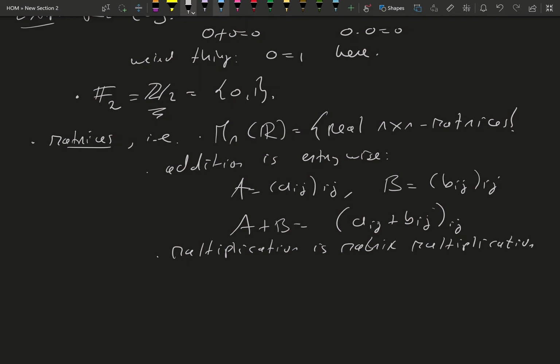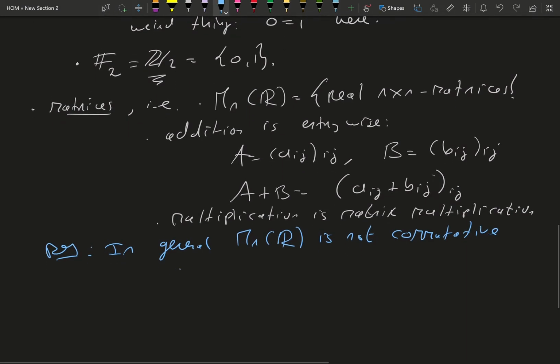So here's a remark. In general, M_n(R), so the n by n matrices, is not commutative. Because you know that in general, A times B is not B times A for matrices.